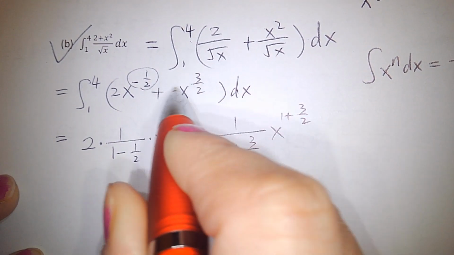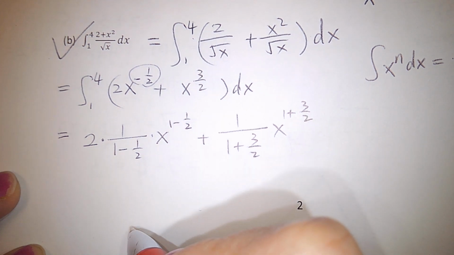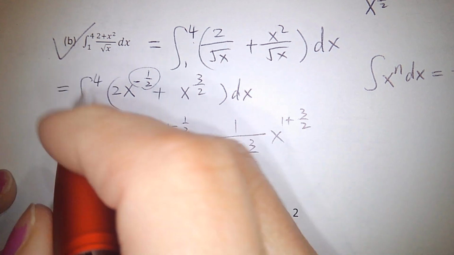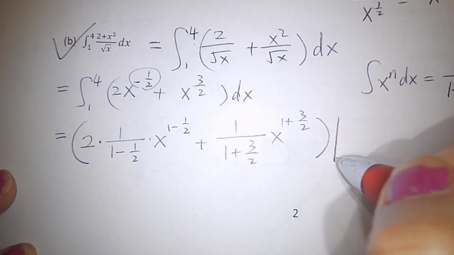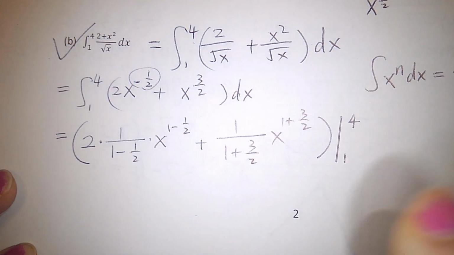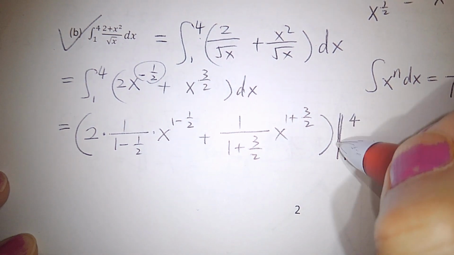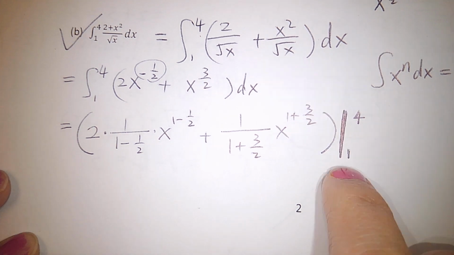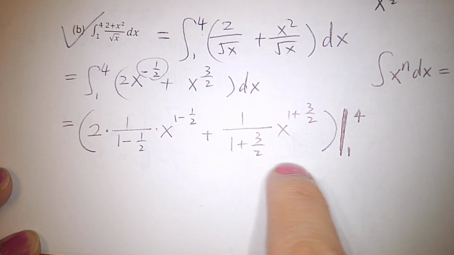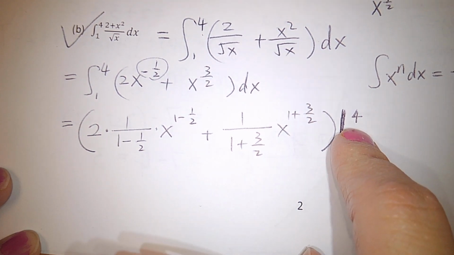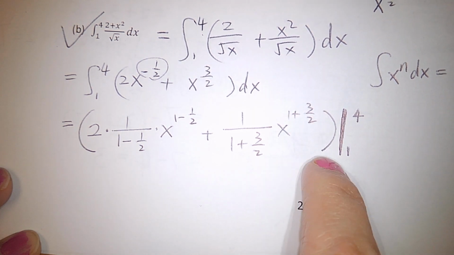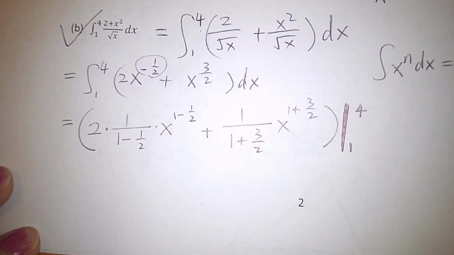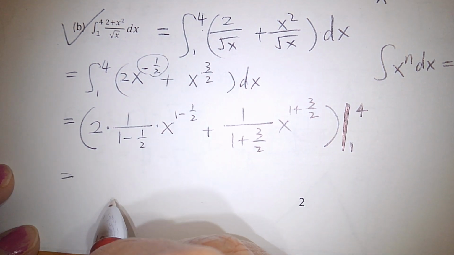This is a capital F, an antiderivative for this given function. However, we have to evaluate from 1 to 4. This is a vertical line from 1 to 4. We write it this way, meaning later we're going to evaluate capital F of 4 and then subtract the evaluation of this function at 1.